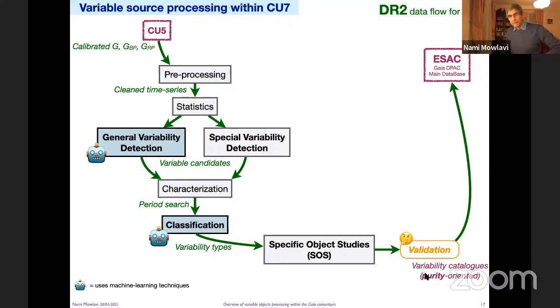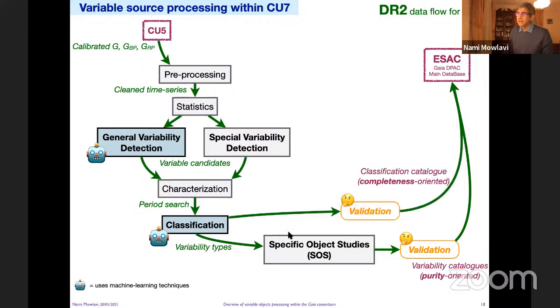This is purity-oriented. However, of course, we would lose some stars, some variables that would be of correct types, but which would have been filtered out by these specific object studies. So we also publish in parallel classification catalogs, which are completeness-oriented, and that also feed the main database.